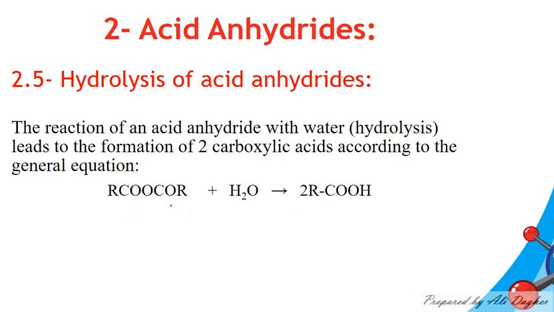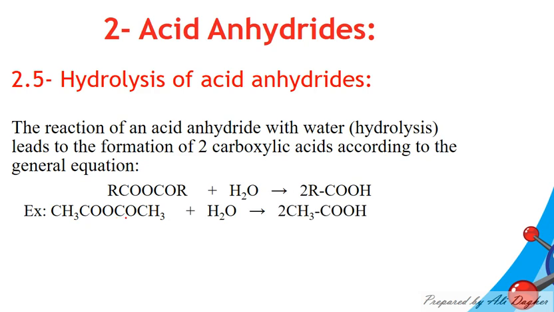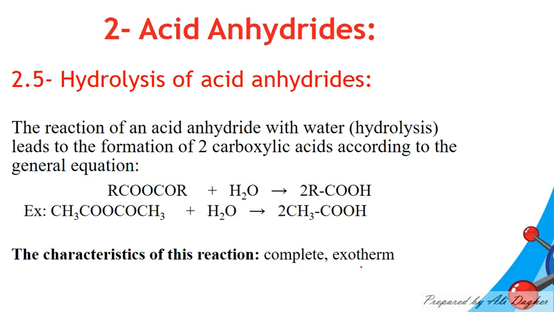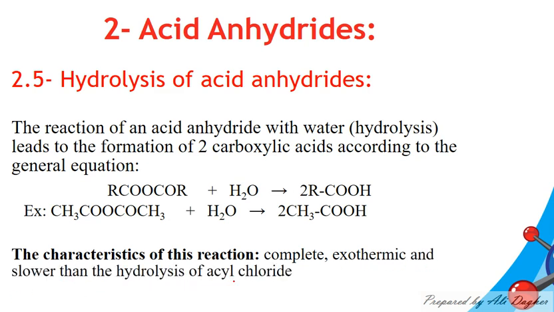If we have mixed anhydride, we obtain two different carboxylic acids, RCOOH and R prime COOH. Example, CH3COO-COCH3 plus H2O, we obtain 2CH3COOH. Complete reaction. Characteristics of this reaction: complete, exothermic, and slower than the hydrolysis of acyl chloride.